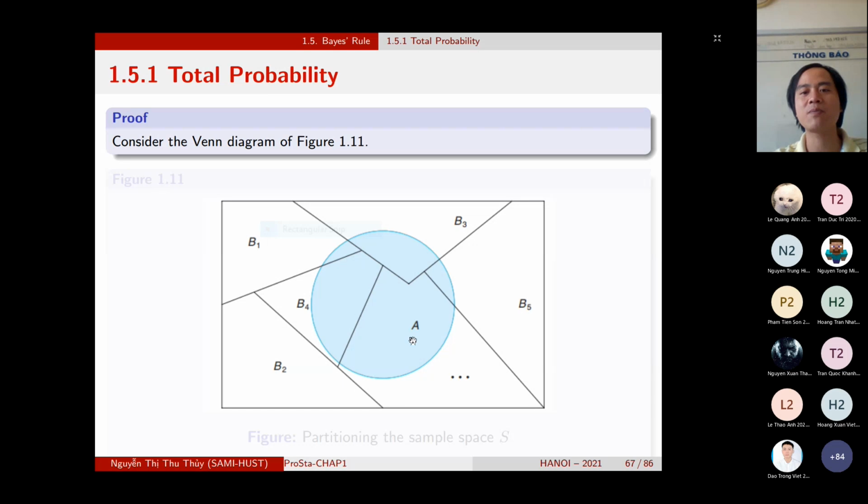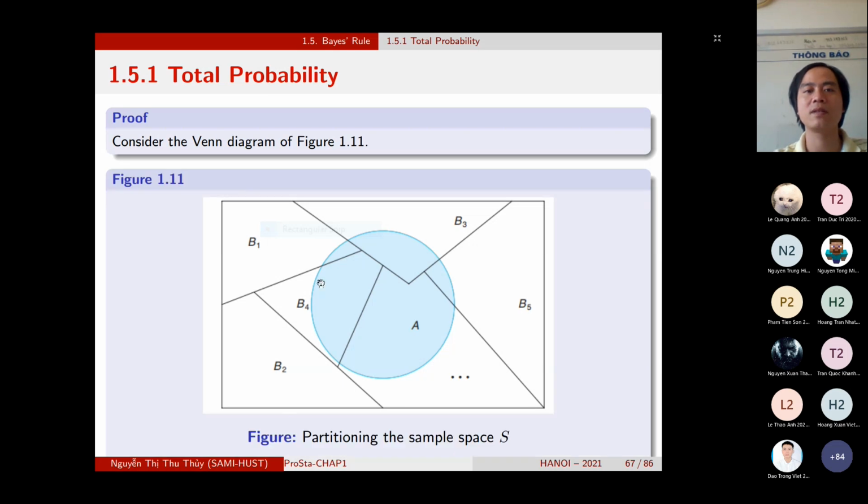Here we have a partition of the sample space: B1, B2, B3, Bm, and we consider an arbitrary event A. So the event A can be partitioned into different parts: A intersection with B1, A intersection with B2, A intersection with B3, A intersection with B4, A intersection with B5, a small part here, and A intersection with Bm, for example this part.